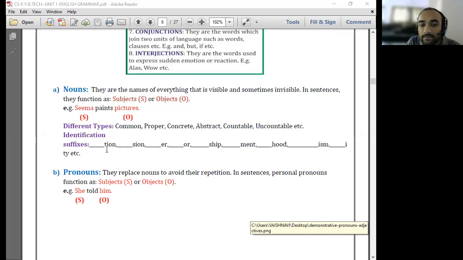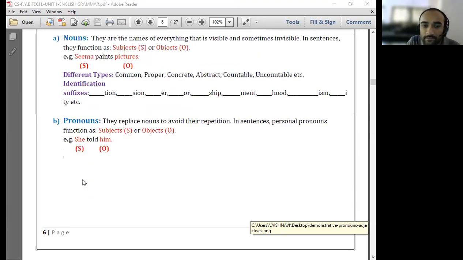Okay, so different suffixes are there, like tion, sion, er, or, ship, ment, hood, ism, and ity. So these are the suffixes. When we add them to the main word or root word, they form nouns. Okay, so this also we have seen.